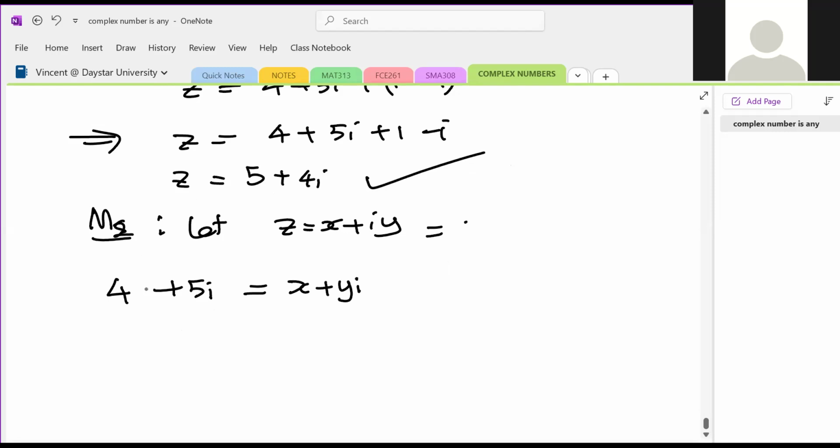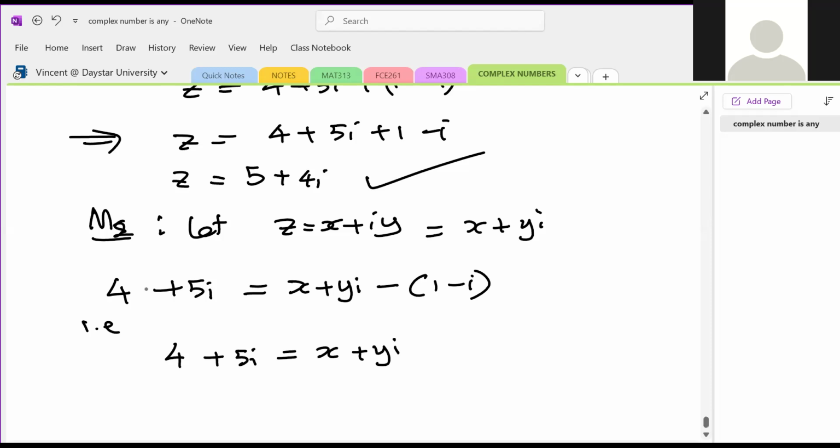Then minus 1 minus i. Then we'll have 4 plus 5i equals x plus yi, open brackets, minus 1 plus i.